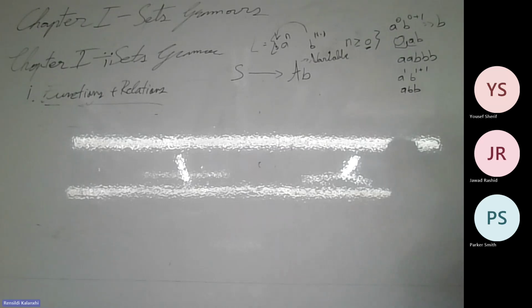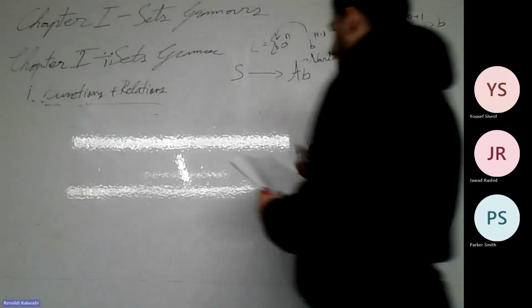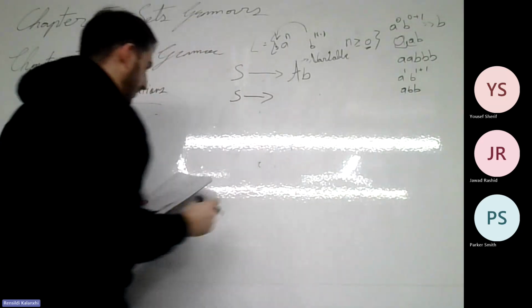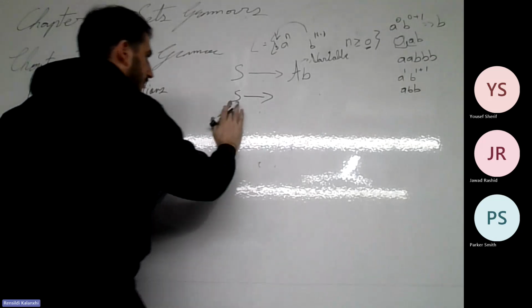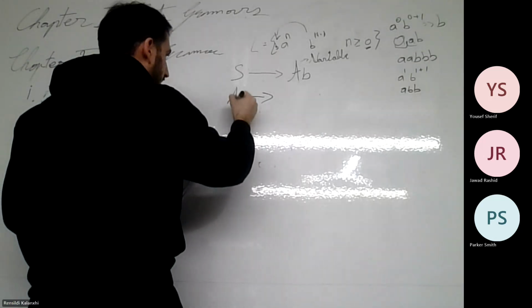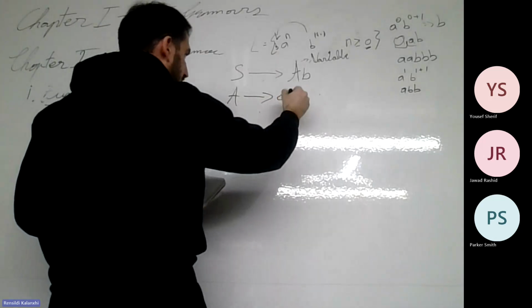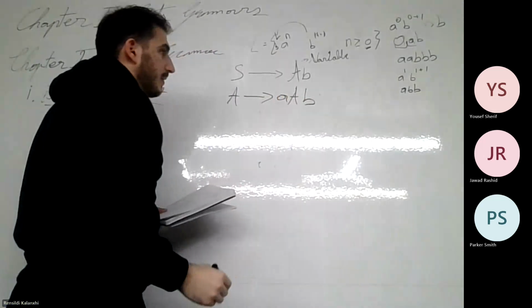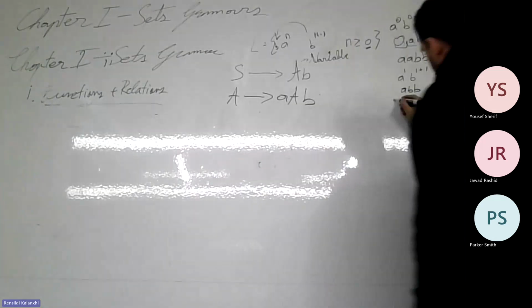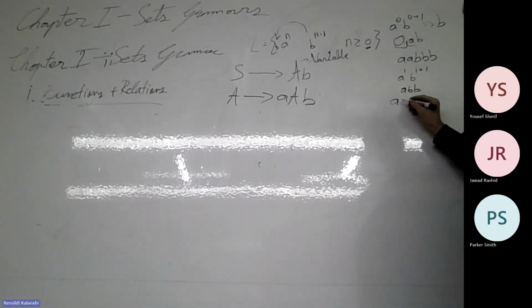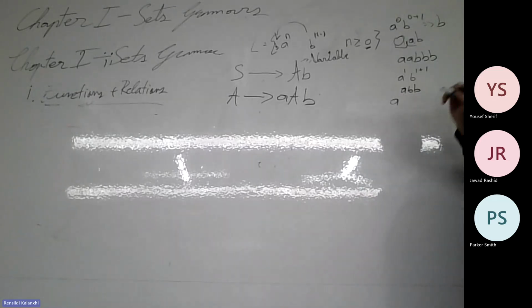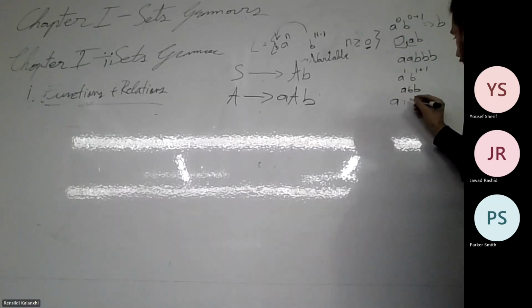So how we're going to make abb work is by including another starting A variable, which is going to create this loop. It's going to create this loop where the number of a's increases and is always one less than b, right?